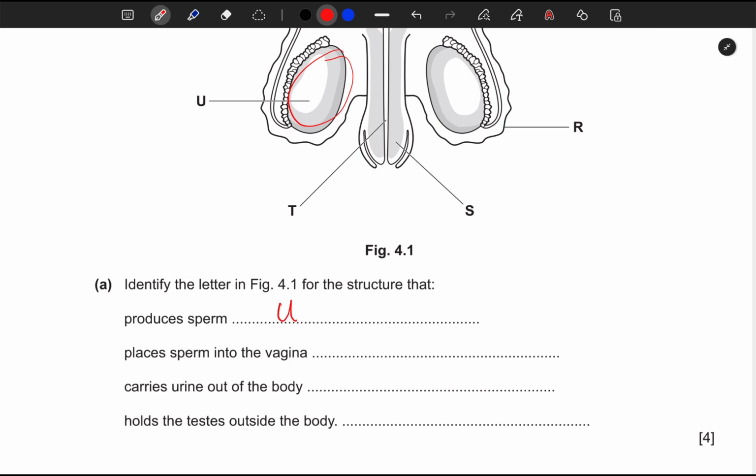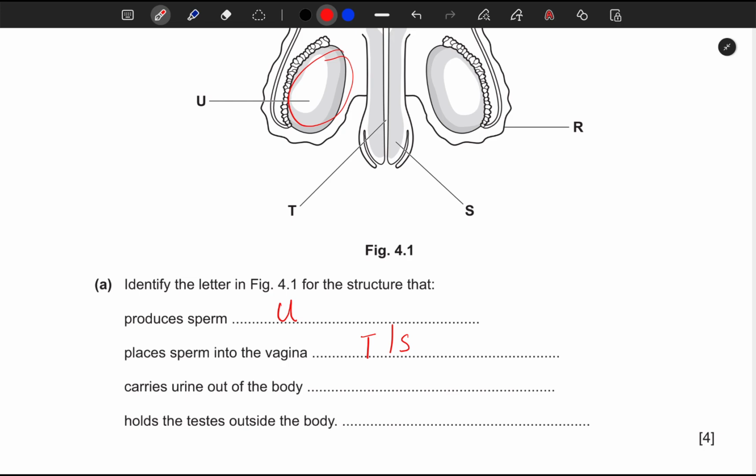Places sperms into the vagina, that should be the penis. Right now, the key thing is places sperms into the vagina. Without the urethra, sperms can't be placed in the vagina. Again, without the penis itself, sperms cannot be placed in the vagina, meaning T and S are both correct answers here, so just have to put one.